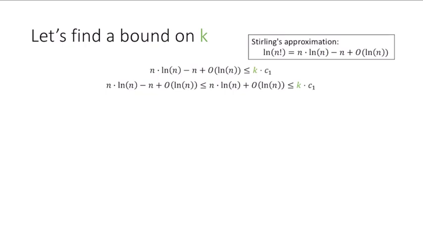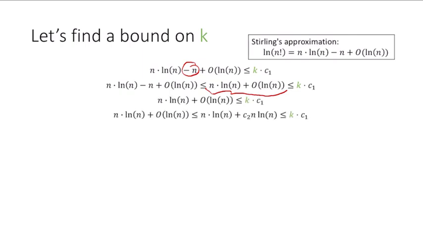The first step I'm going to do is just get rid of the negative n. So I'm going to use an intermediate step to say that this quantity is greater than what I have on the left-hand side because I no longer have the negative n quantity. Alright, next I'm going to take this big O of n log n, and put that into terms of an asymptotic notation.